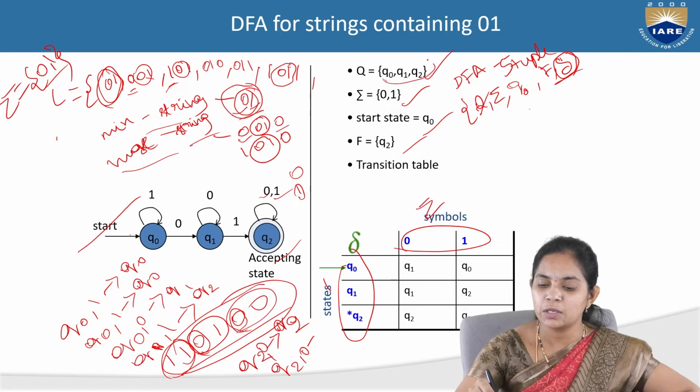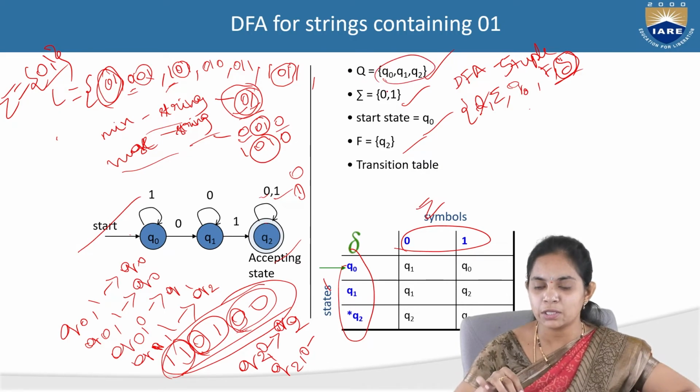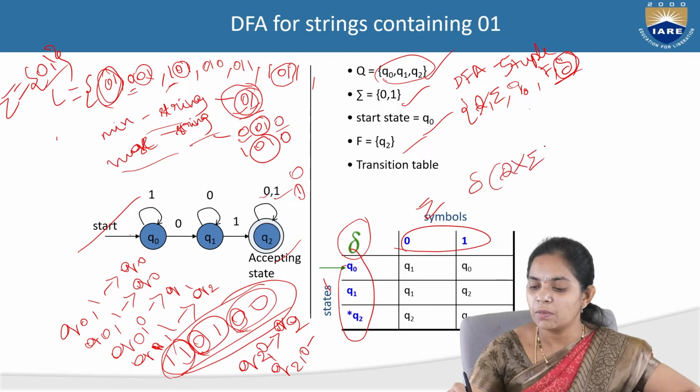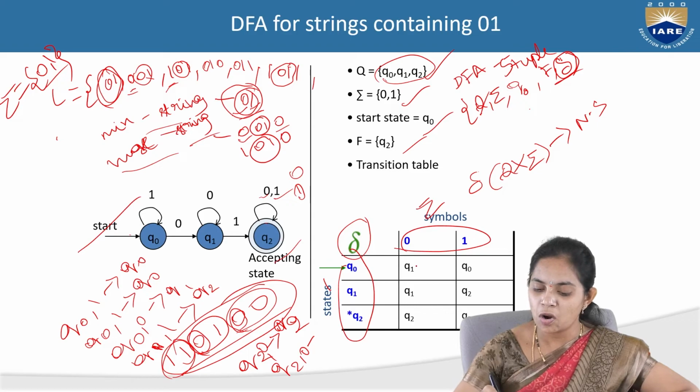All the states in the capital Q should be there in the transition table. And in the middle, we can represent delta as Q cross sigma, which leads to the next state. So these are all the next states.